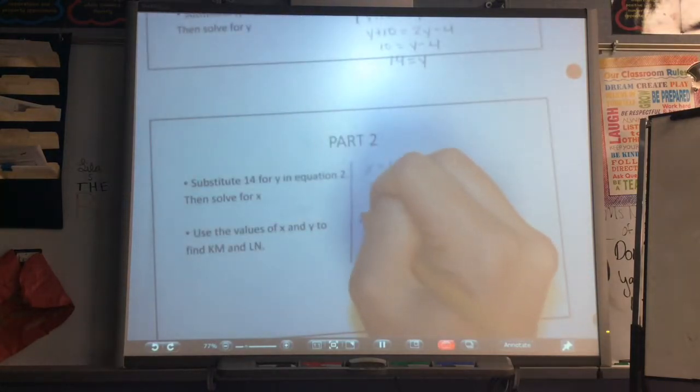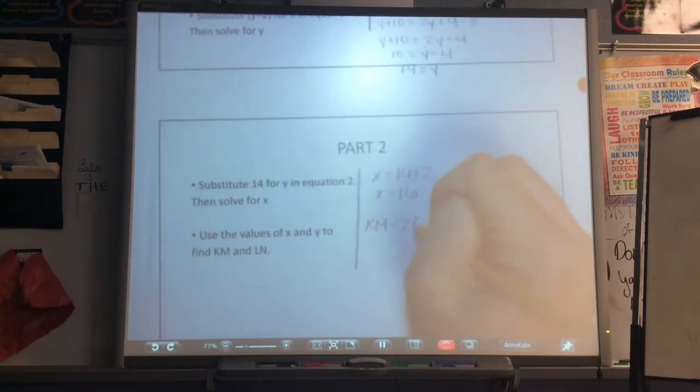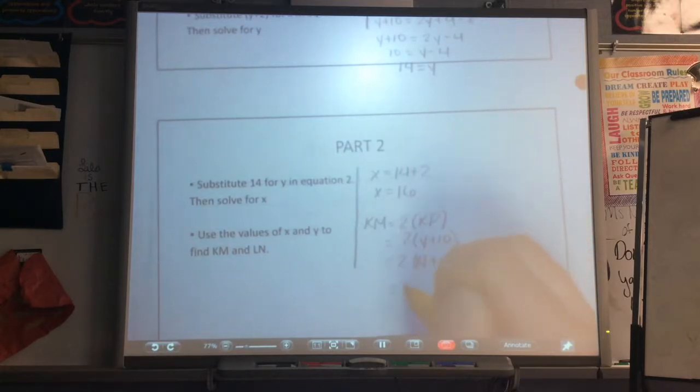So KM equals 2 KP. So equals 2 times y plus 10. We know that y is 14, so we're going to substitute that in. And then we get KM is equal to 48.